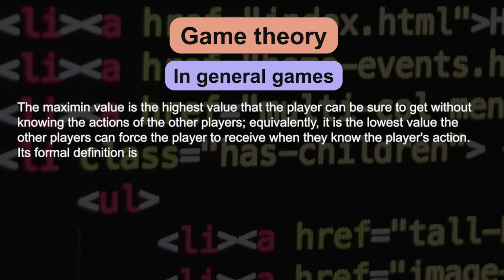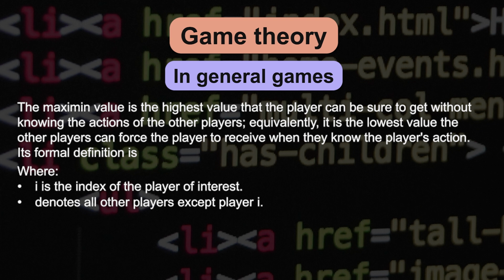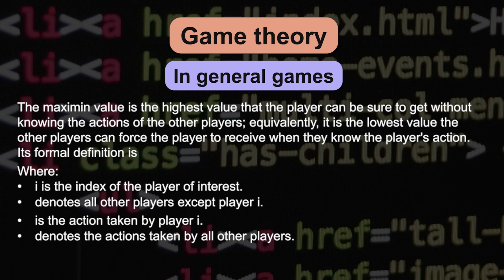Its formal definition is as follows. i is the index of the player of interest, -i denotes all other players except player i, a_i is the action taken by player i, a_-i denotes the action taken by all other players, and v_i is the value function of player i. Calculating the maxmin value of a player is done in a worst case approach for each possible action of the player.